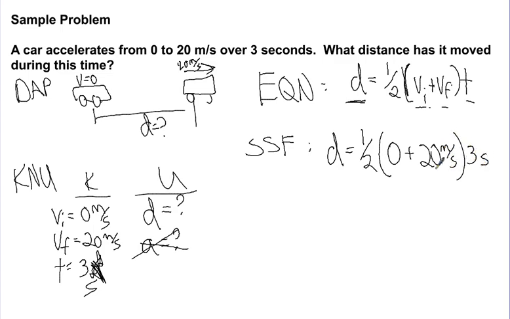So now I can take 0 plus 20 is 20, divided by 2 is 10, and 10 times 3 would be 30. Units: seconds cancels, this is meters, which is a distance. So check your answer. Distance is 30 meters. Does that seem reasonable? Yeah, I think a car could go 30 meters in 3 seconds pretty easily.